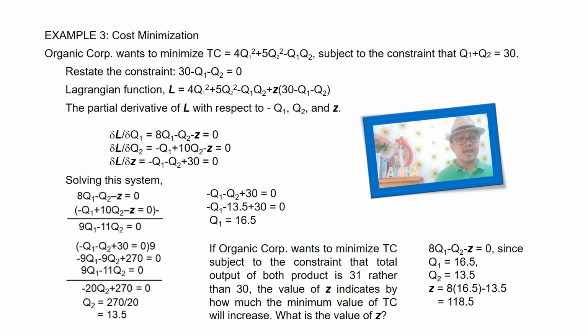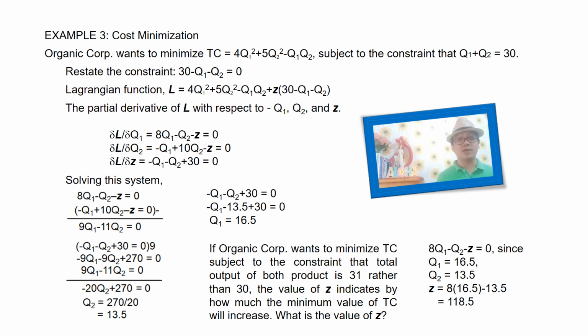Specifically, Z measures the change in the variable to be minimized if the constraint is relaxed by 1 unit. If Organic Corporation wants to minimize TC, subject to the constraint that total output of the product is 31 rather than 30, the value of Z indicates by how much the minimum value of TC will increase.